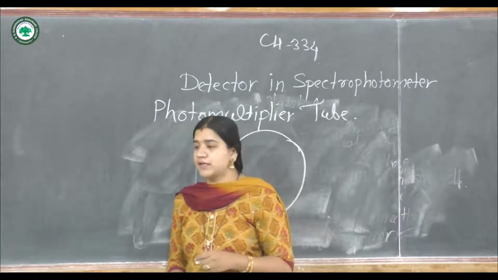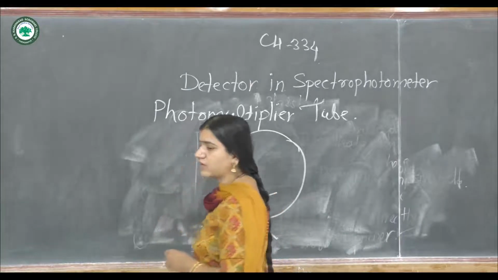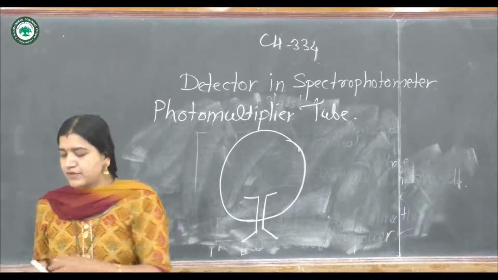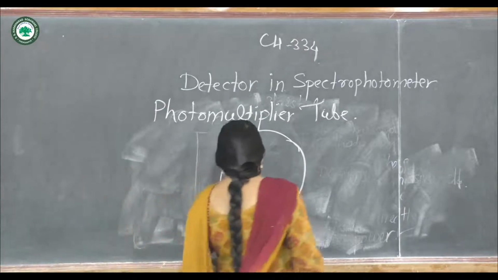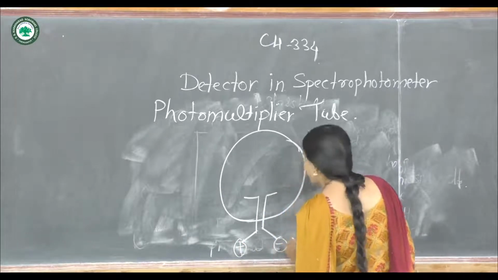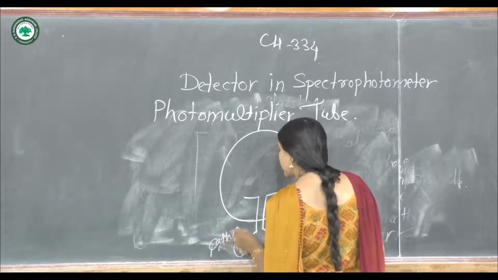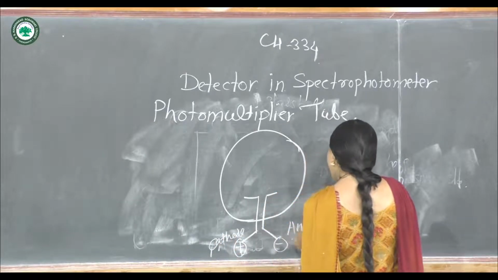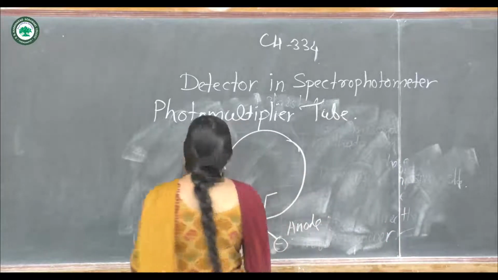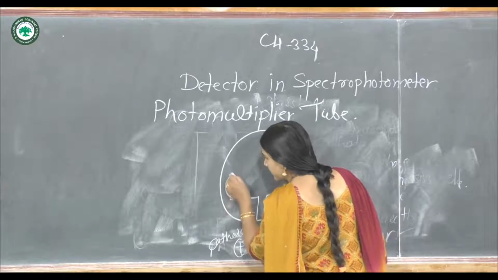of the photomultiplier tube, then it consists of a cathode and an anode, and this cathode and anode are attached with a number of diodes. All these are connected together by the diodes.